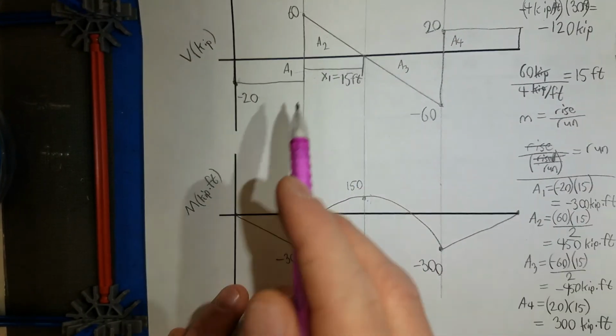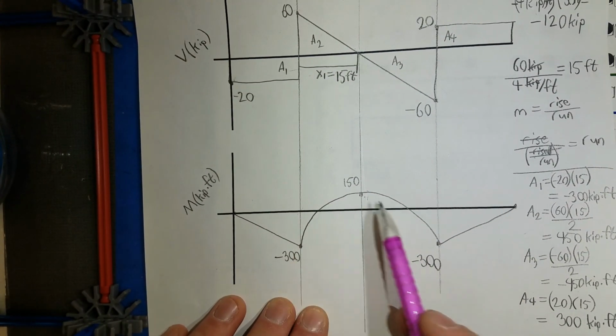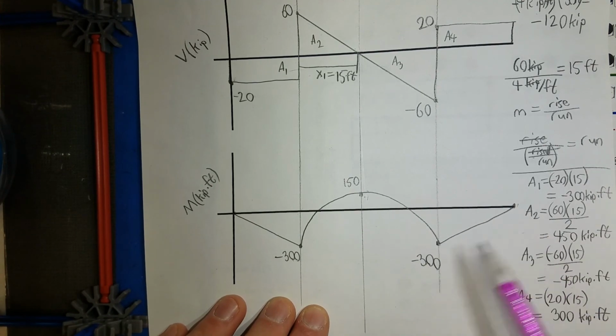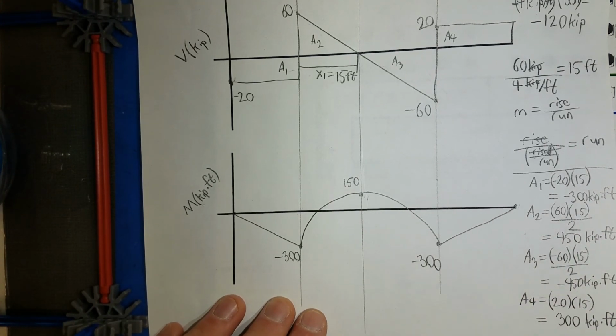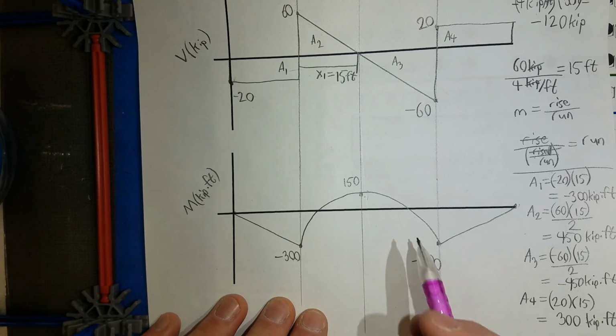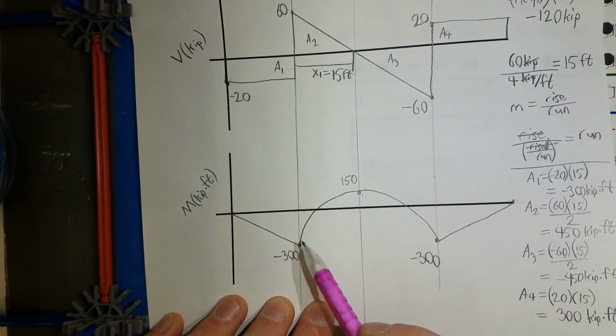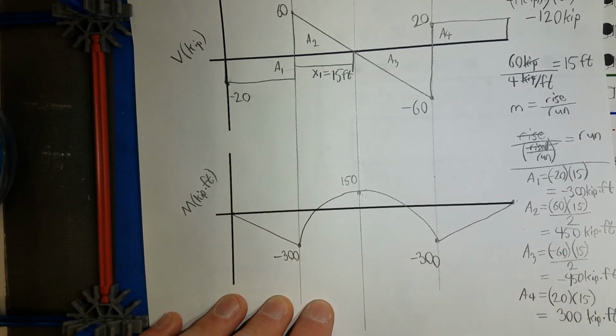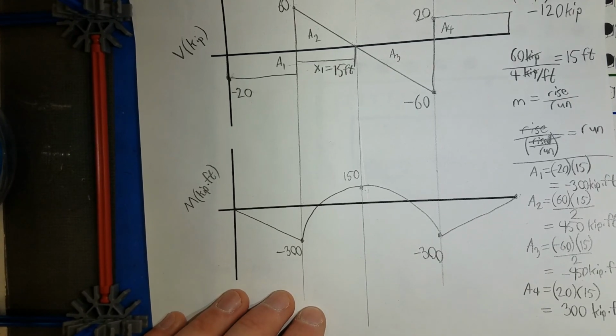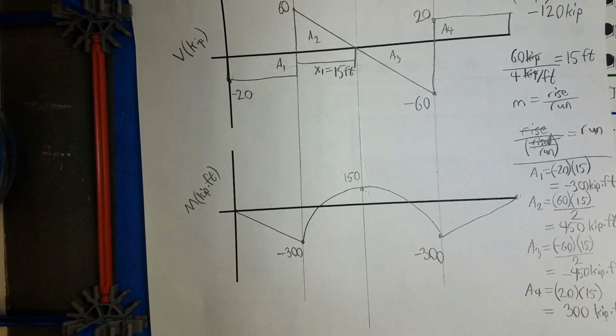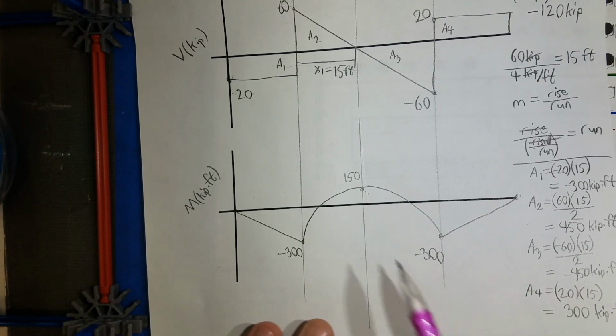And using our relationships here, the moment diagram ended up going back to 0 by itself, which is where it needs to be. If you're ever doing this and it doesn't equal 0 on the ends, you did something wrong. That's something where you'd want to go back and check your work. So that's a nice way to watch your back, essentially, and make sure you're doing something right.